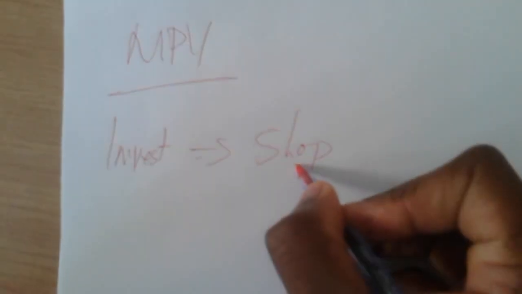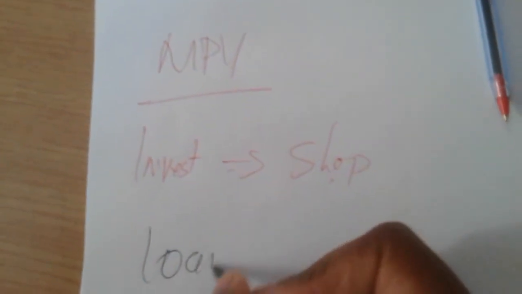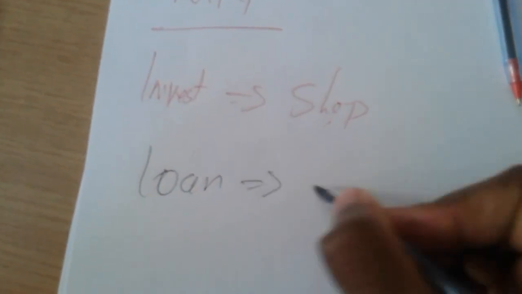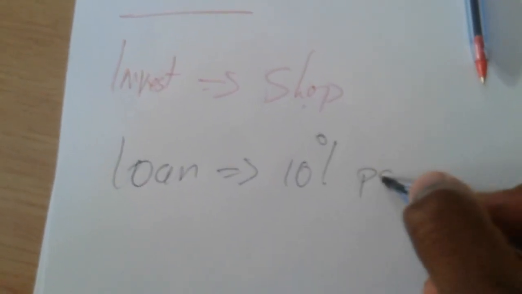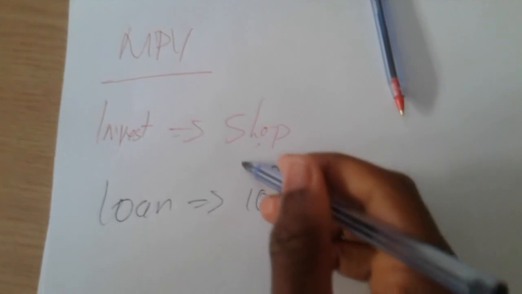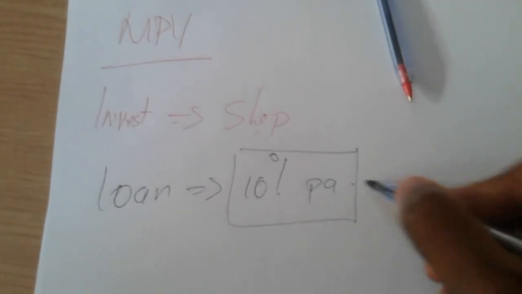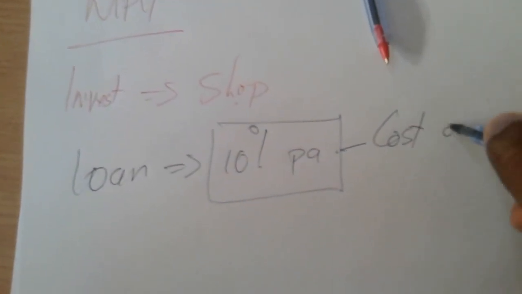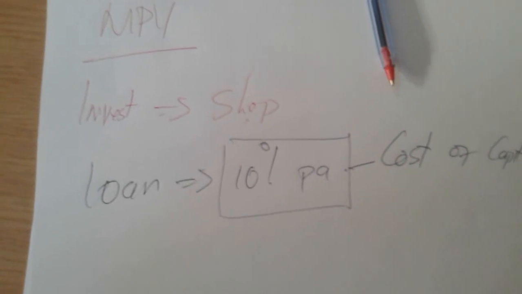But to buy this shop, you are going to get a loan from ABSA. And this loan costs you 10% per annum, right? So this is what you call the cost of capital.